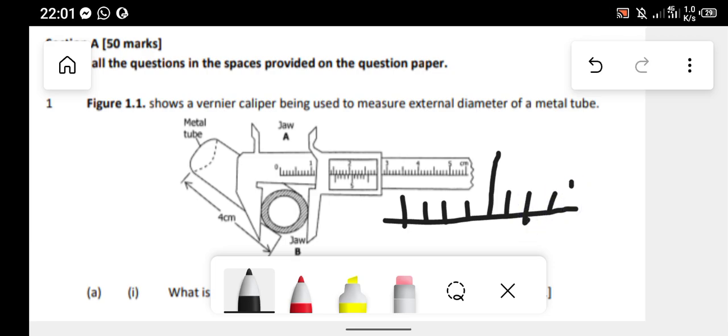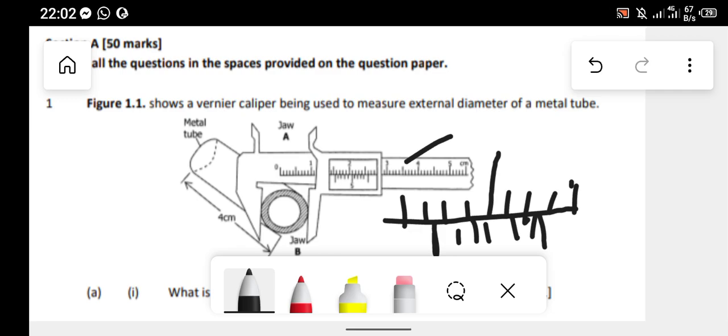Pardon my drawing, it is not up to scale. Also down here we have the vernier scale. The one on top, in this case in the diagram, we call our main scale.